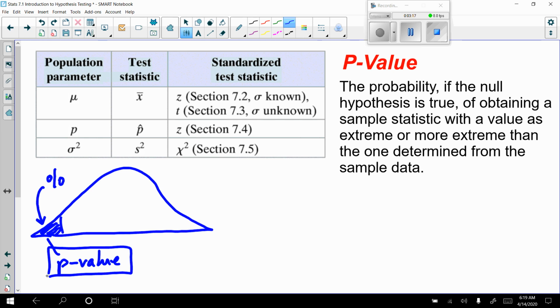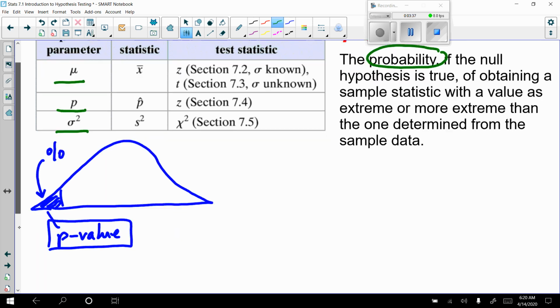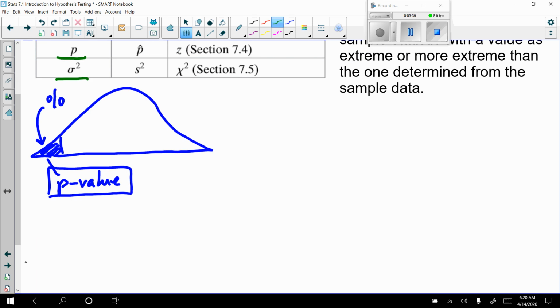And that p-value is going to, again, show up in all sorts of testing, whether it's a mean, a proportion, or a variance or standard deviation. Okay, so p-value is equal to that probability. We just call it p-value in statistics from now on.